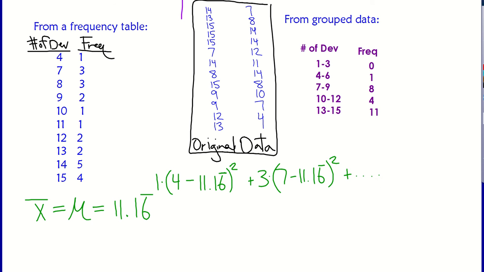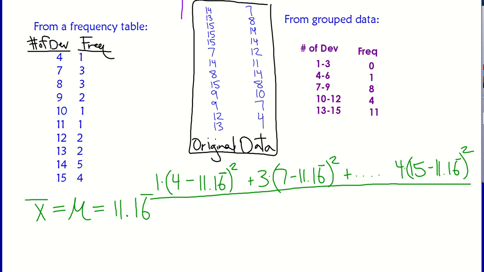Similarly, we would do the rest, and when we got to the end, I would say 15 minus 11.16 repeating, square that, and multiply it by its frequency, which was 4. And when I divide, I'm going to be dividing by the total number of frequencies, which is 24 in this case.